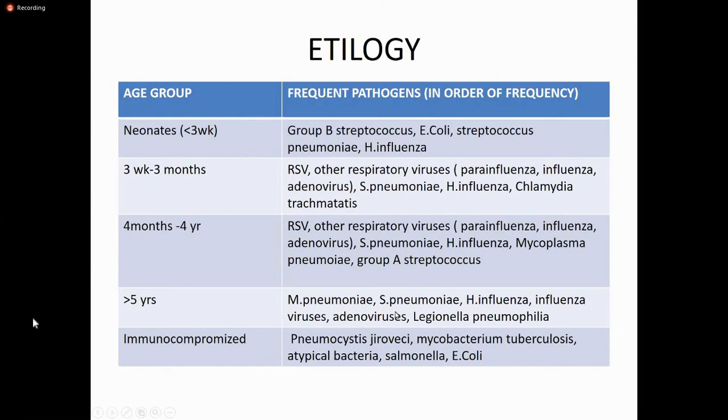And after 5 years, again, the bacterial pneumonias predominate. And in immunocompromised patients, we can see that any organism like fungal infections, bacterial infections, Pneumocystis, or even Mycobacterium, they can all cause atypical infections. So any opportunistic organism, any viral, bacterial, fungal infections can occur in those patients who are immunocompromised.